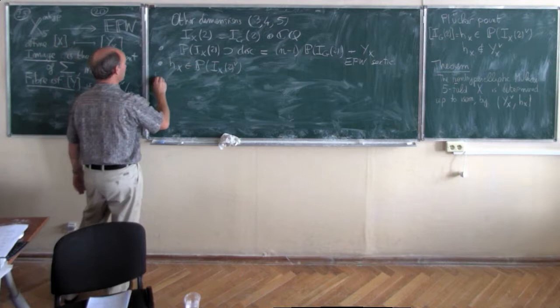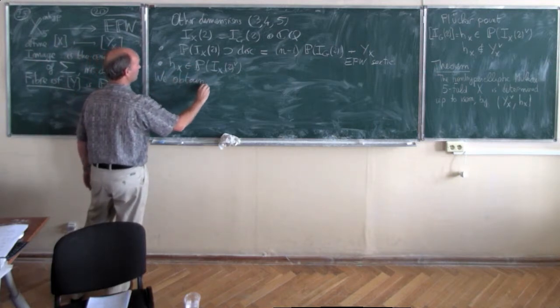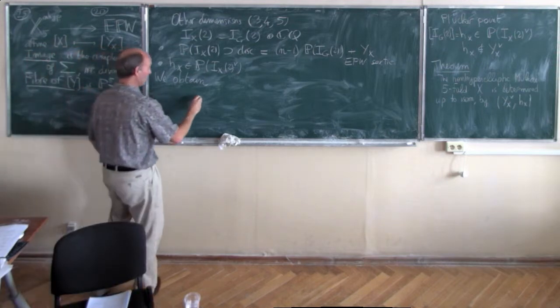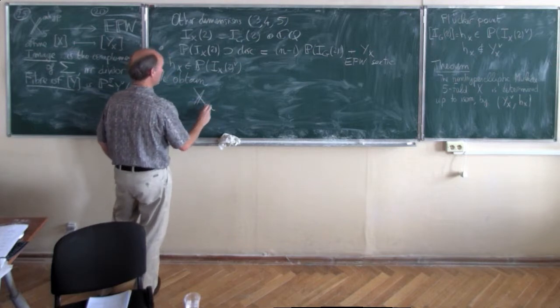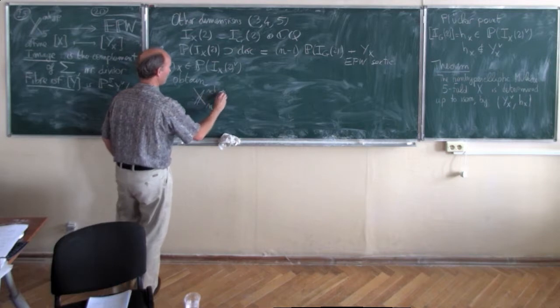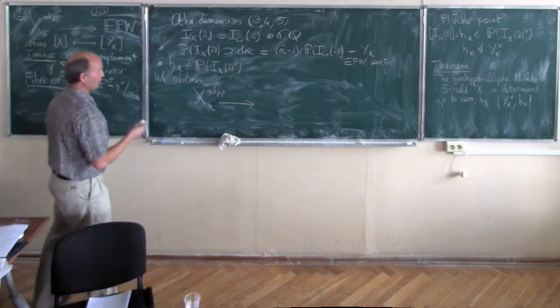So in other words, I can rephrase this a little bit like this. So we obtain moduli spaces, and this is how we construct them. So N is the dimension 3, 4, or 5, non-hyperelliptic, mapped to this.